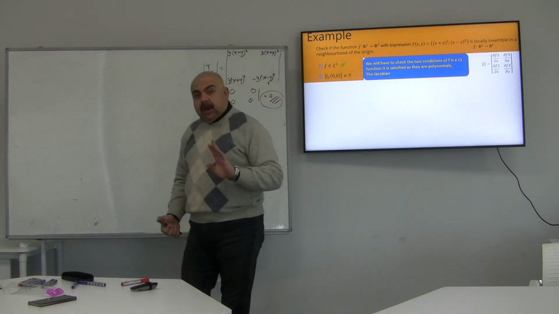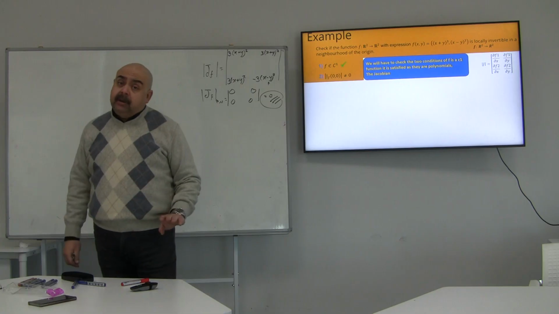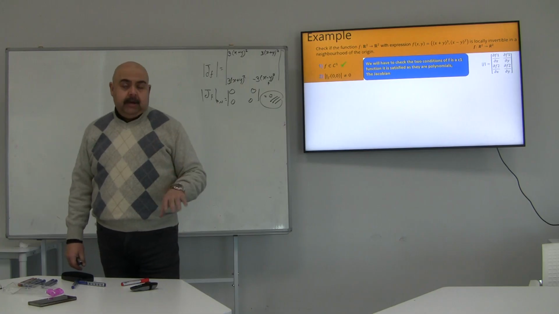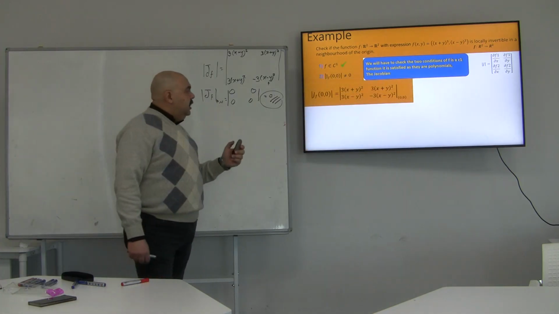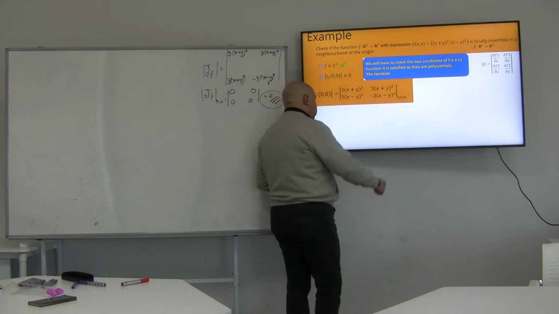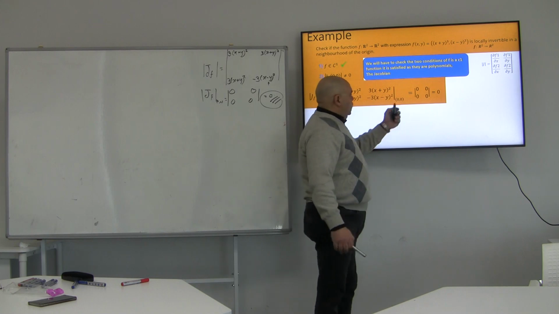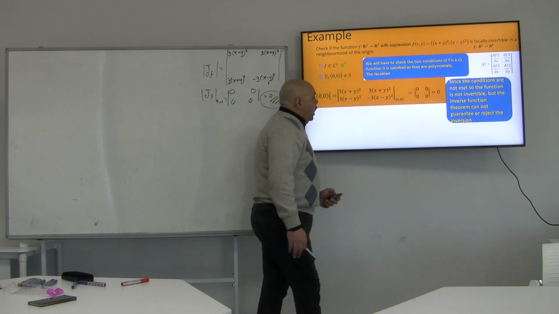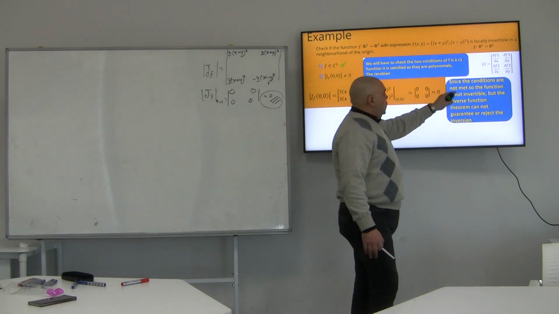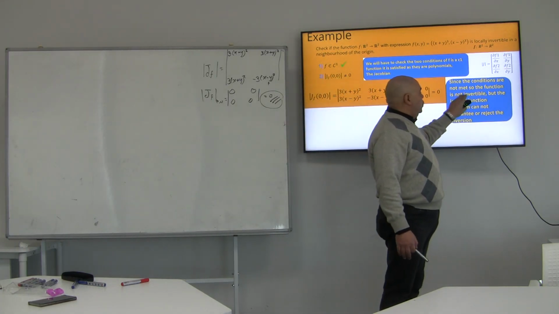So, if we are in R1, it's not going to be invertible. But here in R2, although the determinant at 0 and 0 is equal to 0, so this function shouldn't be invertible, since the conditions are not met, the function is not invertible.